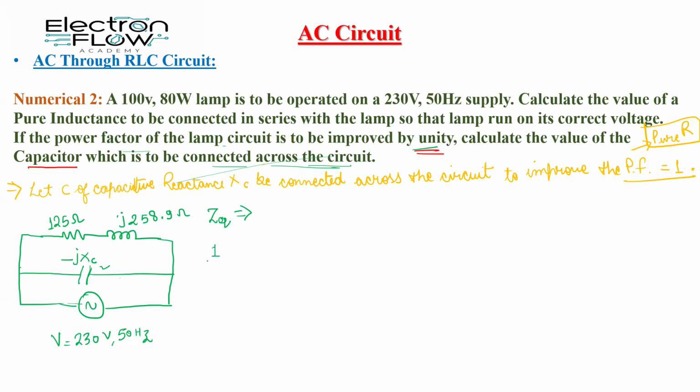So if I solve this in parallel, then 1 upon Z equivalent is equal to 1 upon Z of L plus 1 upon Z of C. Here Z of L is the combination of both resistance and inductance, so 125 plus j258.9.